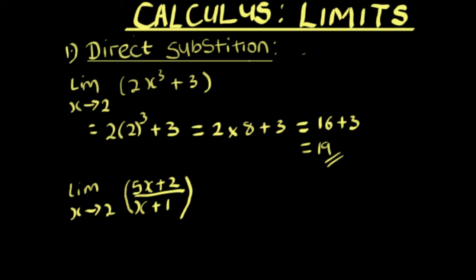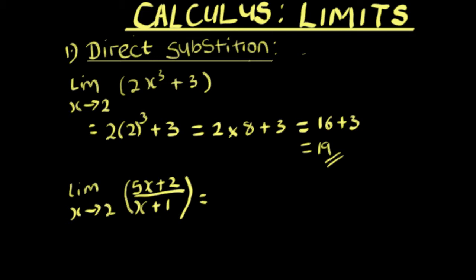Here's another question. You are told to evaluate the limit as x approaches 2 of 5x plus 2 all over x plus 1. We can plug that in directly, because we're using the direct substitution method. Wherever I see x, I substitute 2.